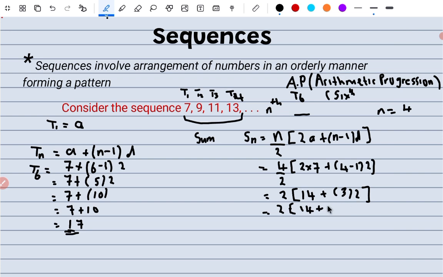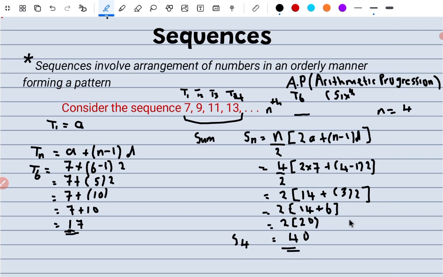That will give us 6, and 14 plus 6 will give us 20. 2 times 20 will give us 40. So we can say the sum of the first four terms is 40.